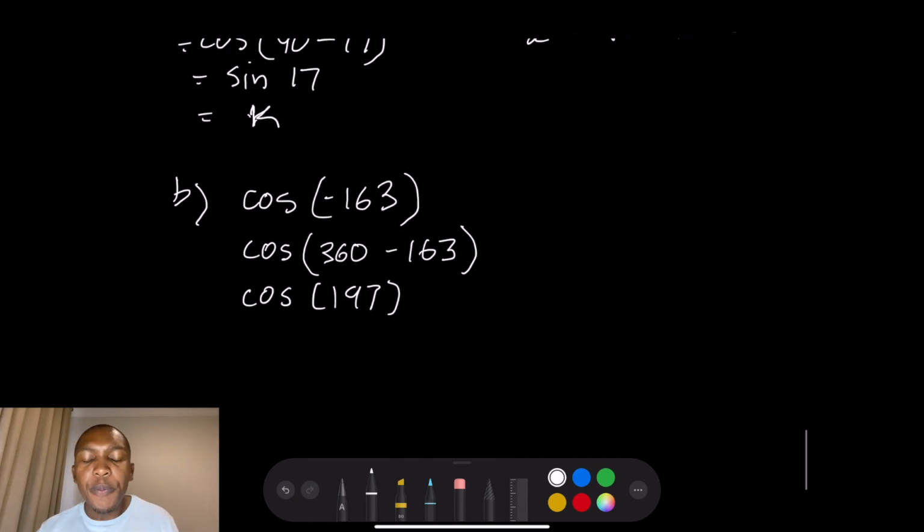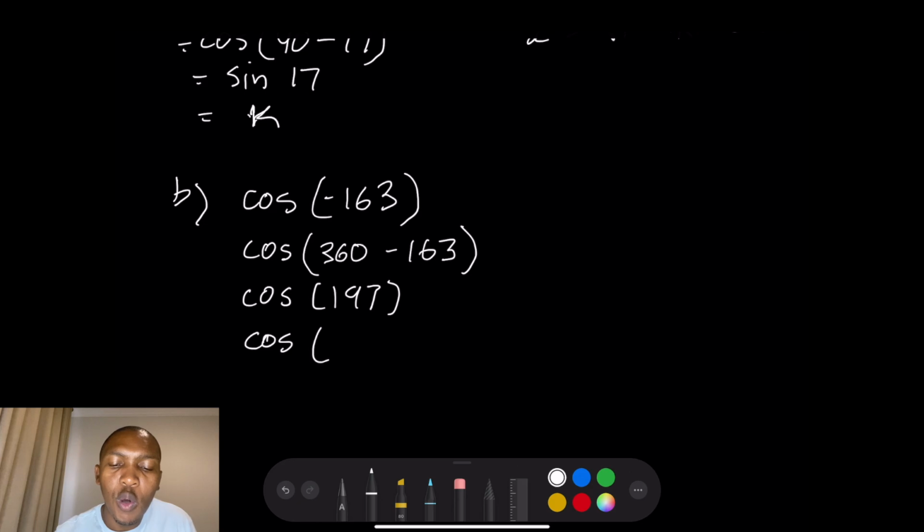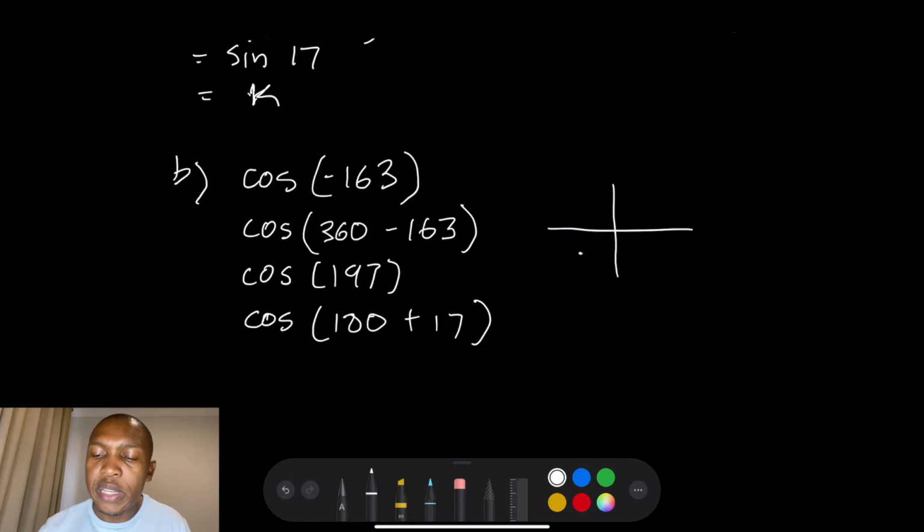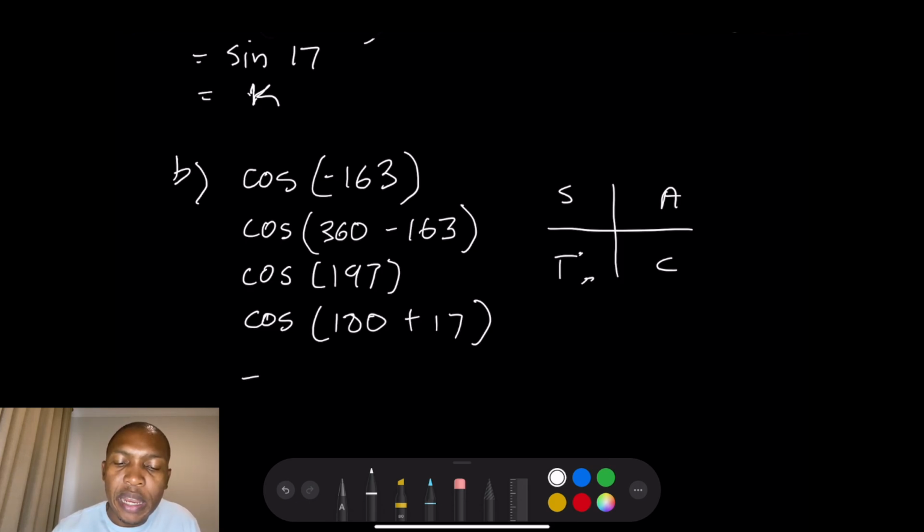Now how do I express that in terms of an angle of 17 degrees? This is the same as saying cos of 180 plus 17. Looking at our CAST diagram, where is cos of 180 plus 17? It's in the third quadrant. So let's write that CAST there. How is cos in the third quadrant? It's negative. So this is the same as saying negative cos of 17.